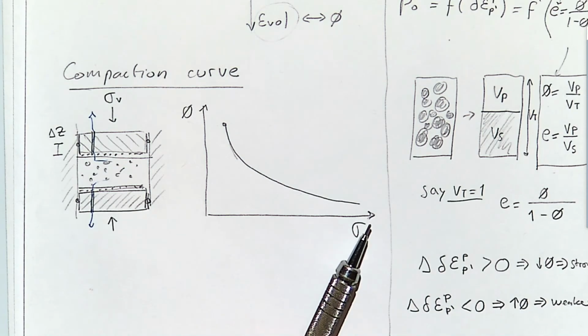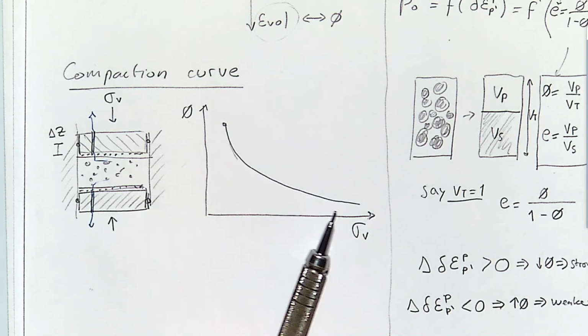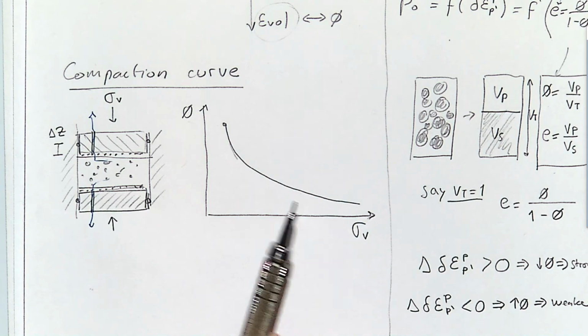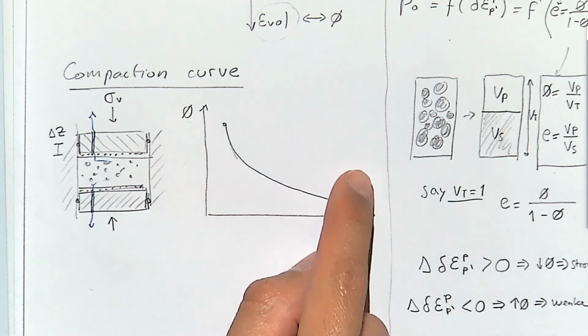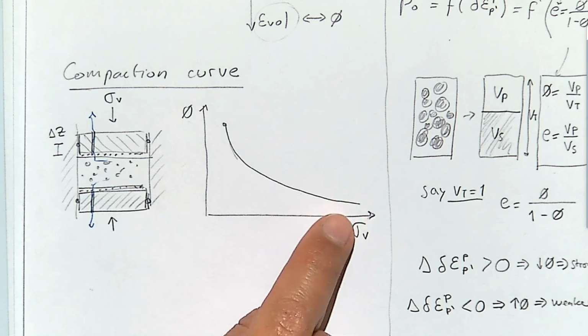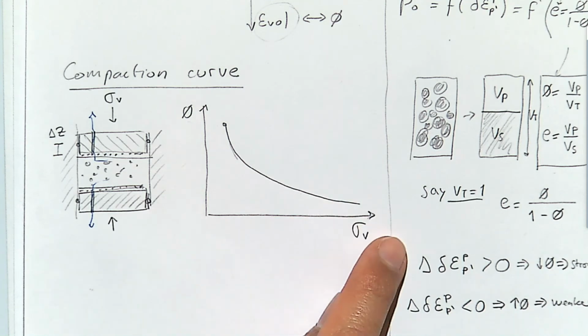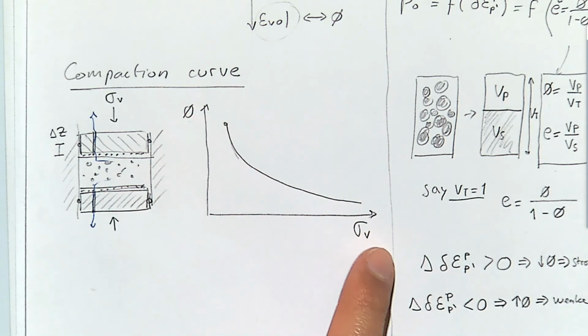I don't have any hard evidence here to show how this behavior is going to be, but just imagine that at the beginning it's very easy to compact a rock, but as it gets more and more compact, the grains get closer and closer to each other, and every time it's more and more difficult. That's why this curve is non-linear.